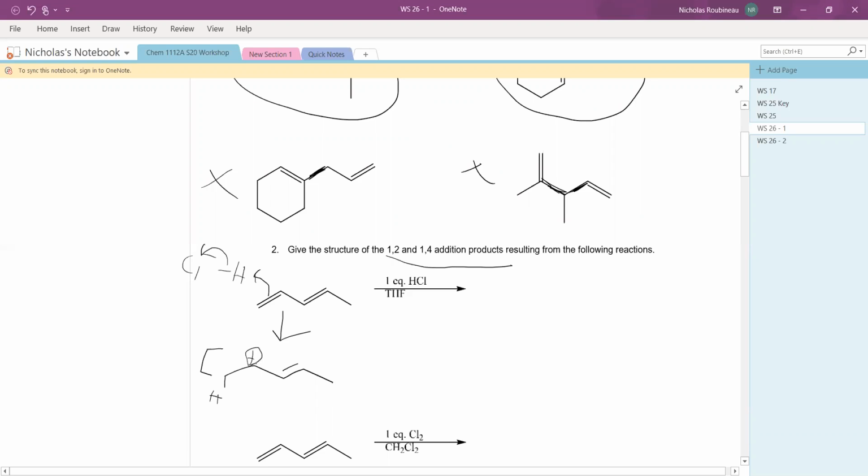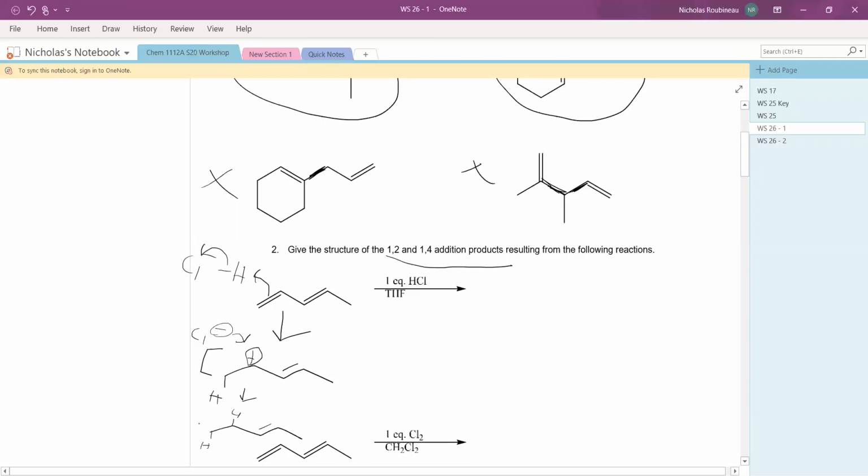This is the cation it forms because that's secondary, so that's more stable. And it's also allylic, now that it's right next to a double bond, so that makes it even more stable. And then the chlorine will come and attack that. So this is the 1,2 addition product, and it's what you guys are used to seeing.